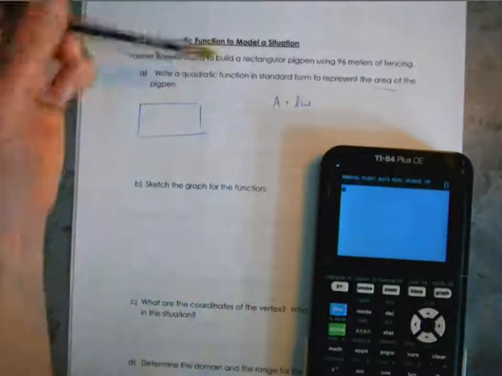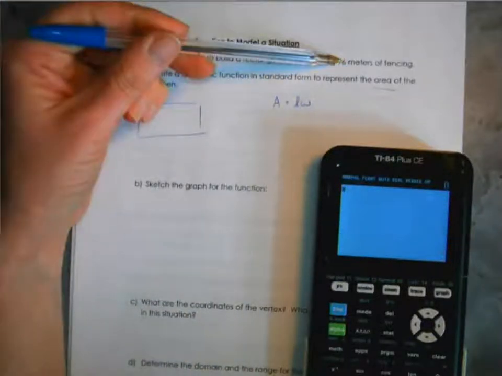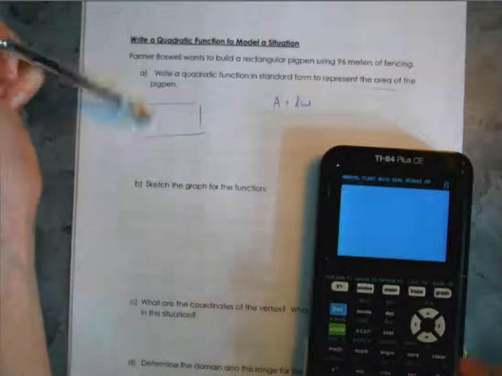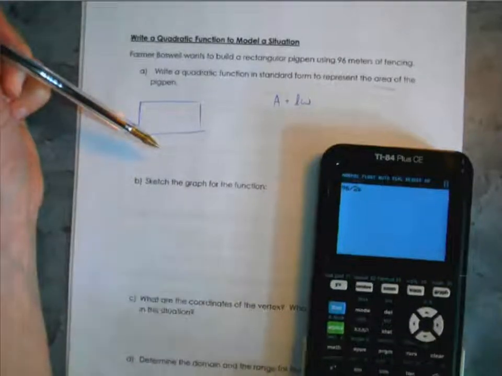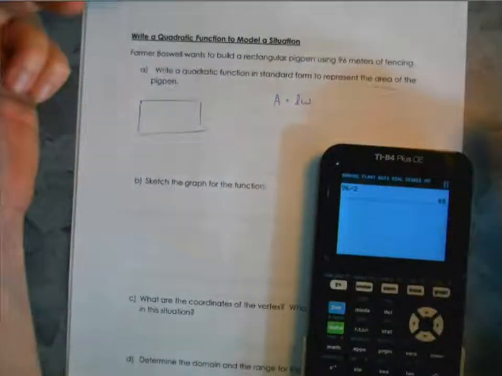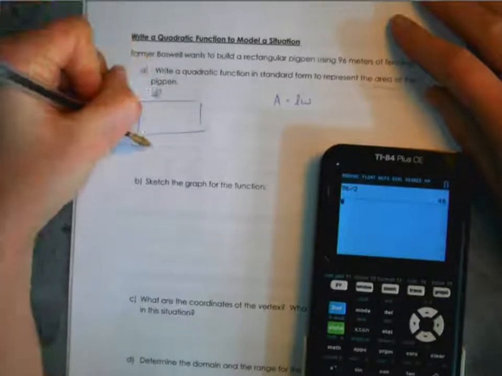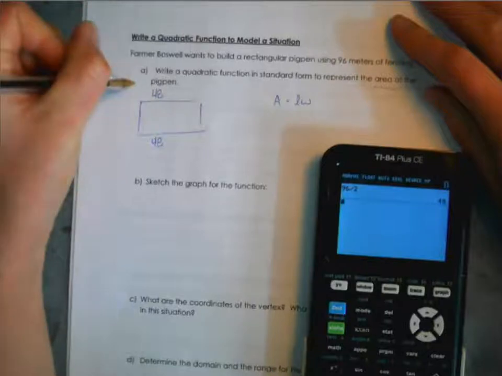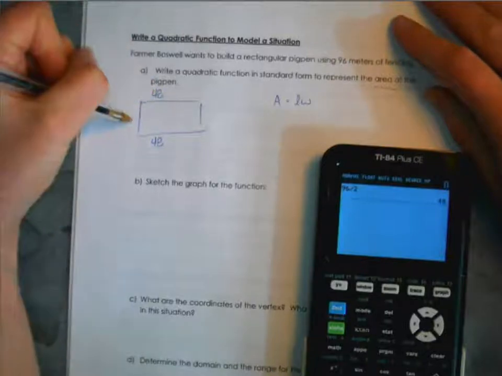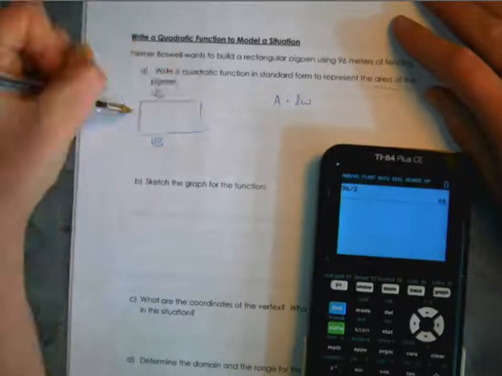So one way to do this would be to think of if you can put on, let's see, what would... 96 divided by 2 is going to be 48. So if we were to say, okay, each one of these sides here is 48, then we still need to figure out what these sides would be.